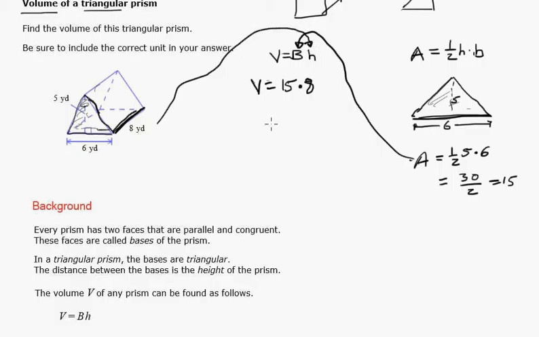So the volume is just 8 times 15. So 8 times 5 is 40. And 8 times 1 is 8, plus 4 is 12, so 120. So we get 120, and we're talking about volume, so this would be yards cubed.